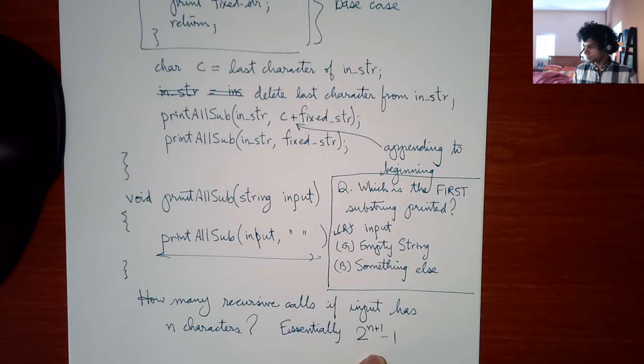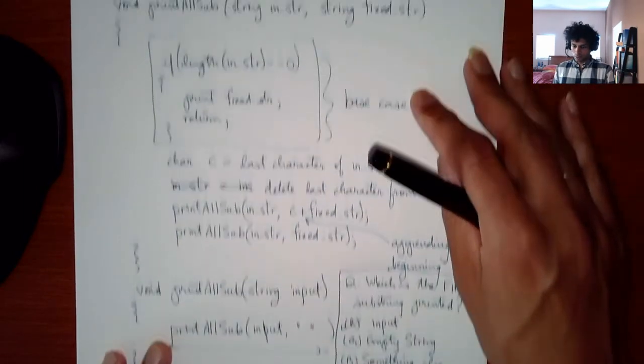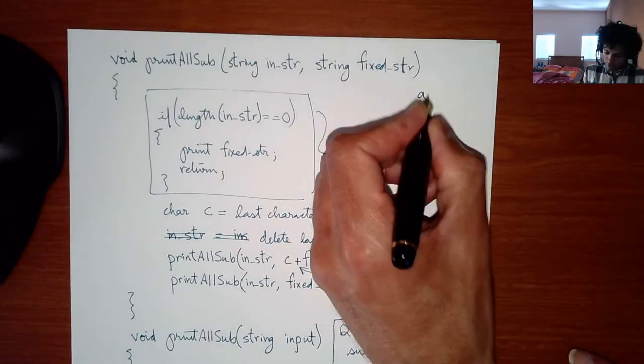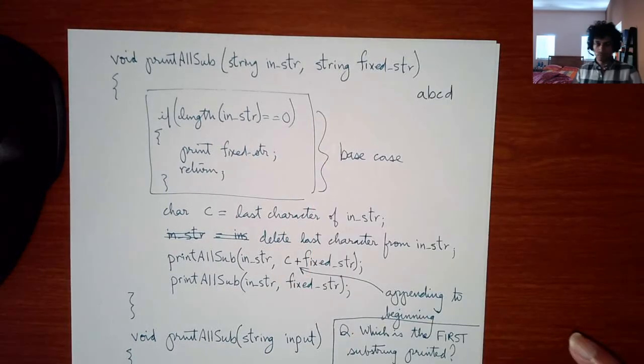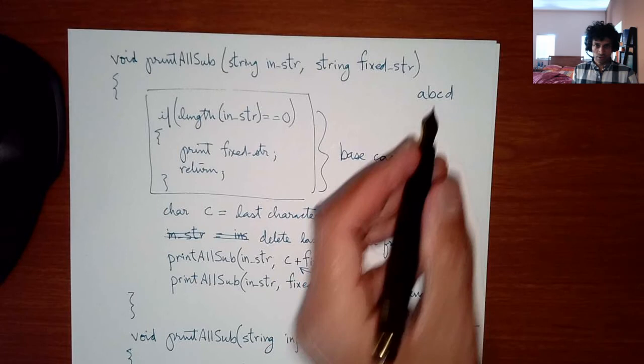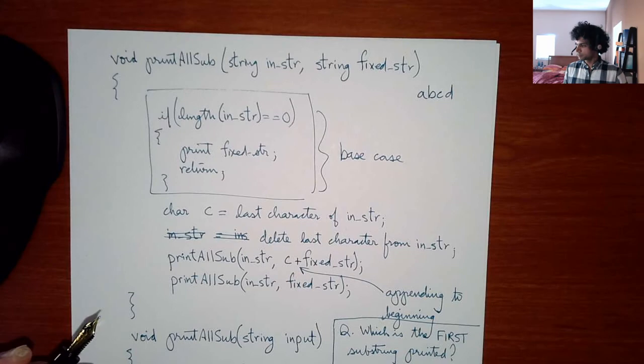Professor, can you elaborate on what you mean by every substring is its own base case? Sure. Let's look at this string A, B, C, D. Let's say this was the input initially. Now, eventually, this code is going to print every substring. So how many substrings are there?